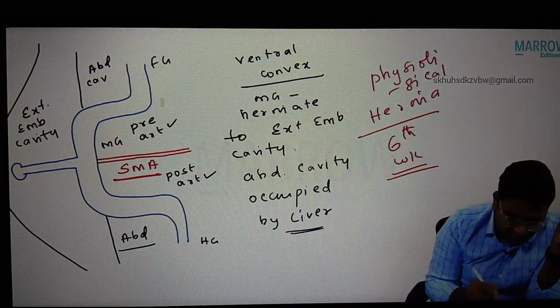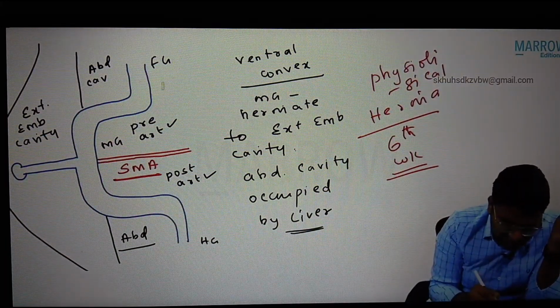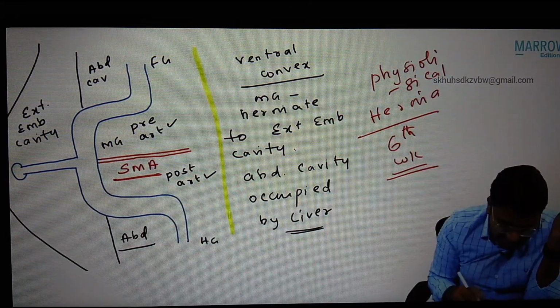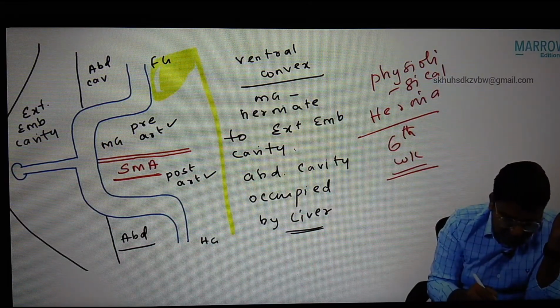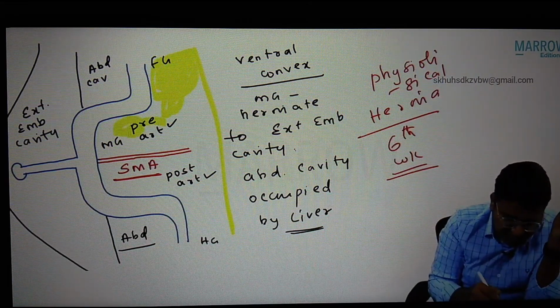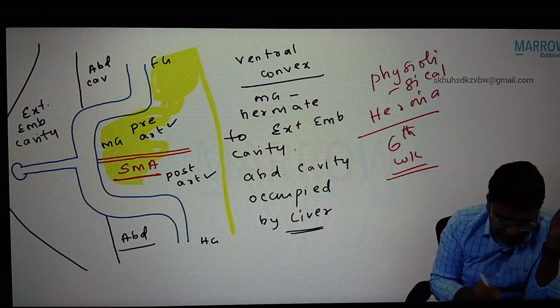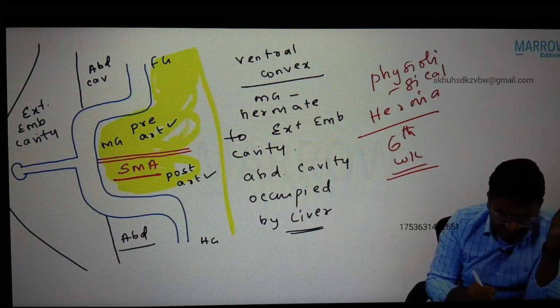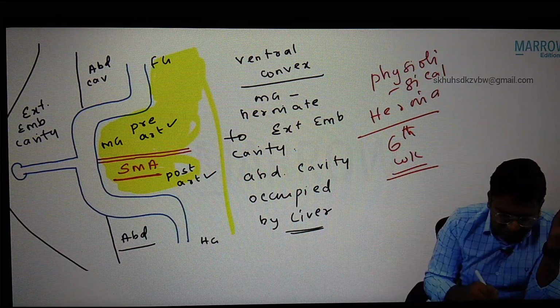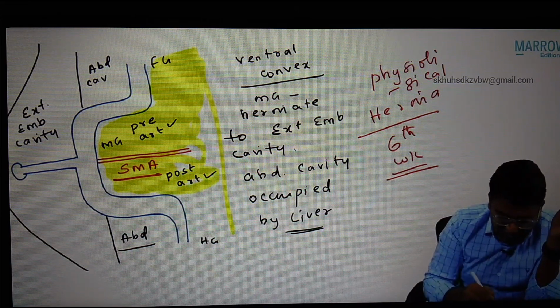So now we have the mesentery here. This is the primitive dorsal mesentery. The one which I am shading in yellow color is the primitive dorsal mesentery.